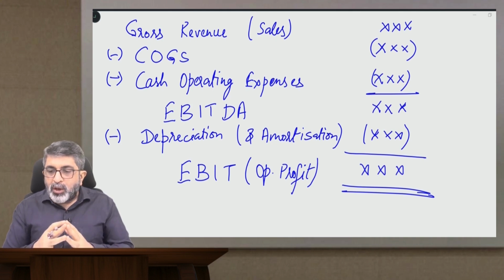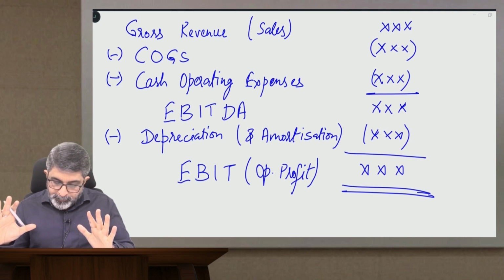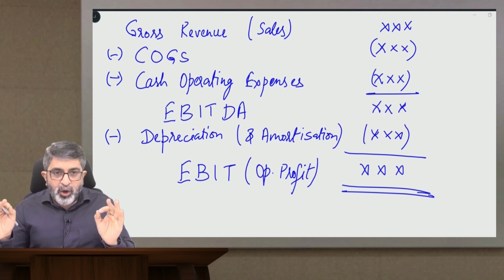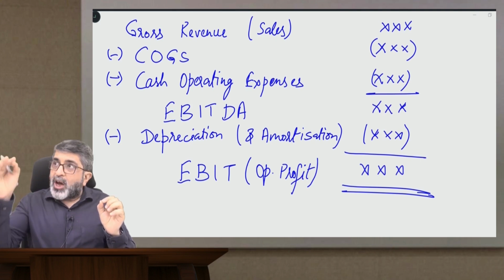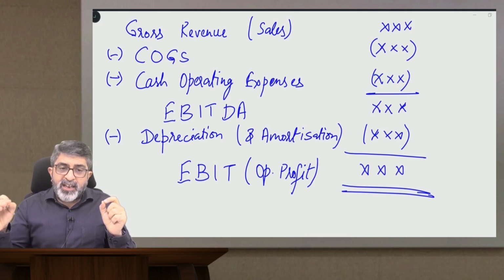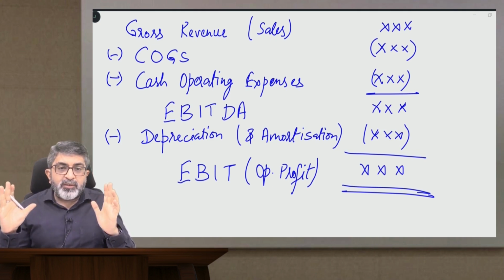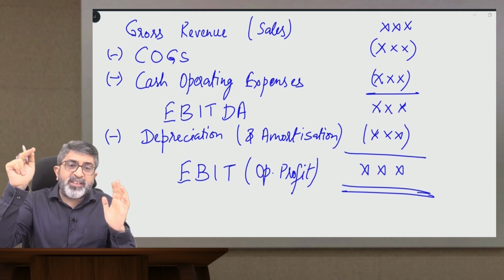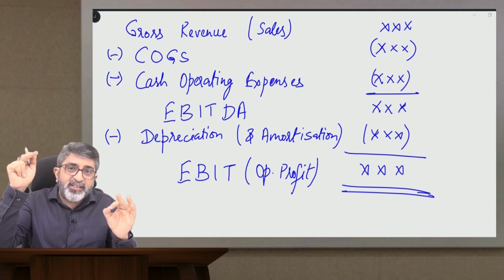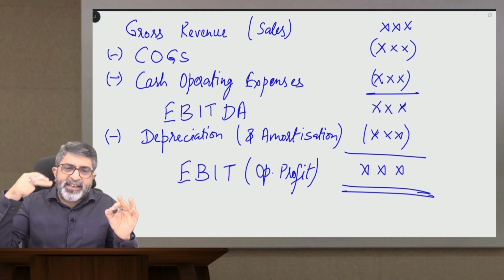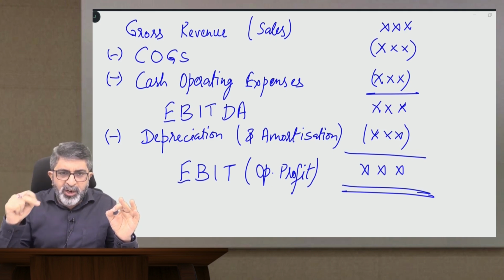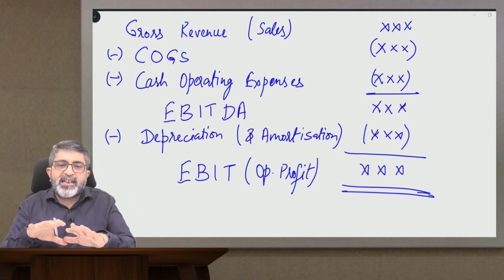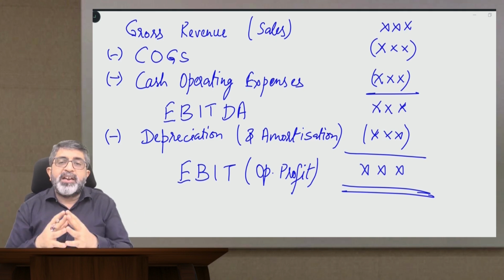So we are focusing on one thing, the order in which you are subtracting all the components. Right from the gross revenue that we generate from sales, we just kept on subtracting each component to arrive at EBIT, that is your operating profit.